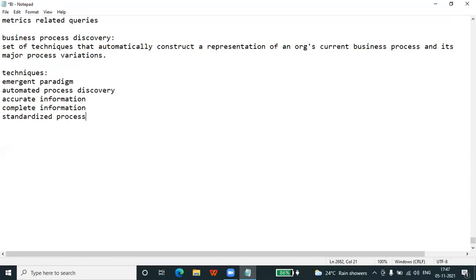This includes completeness regarding exceptions in the process. Often, exceptions are treated as statistical noise, which may exclude important inefficiencies in business process.